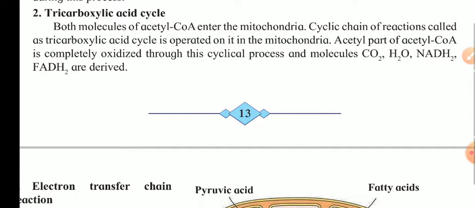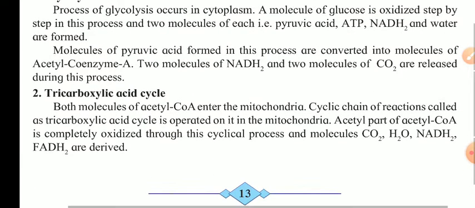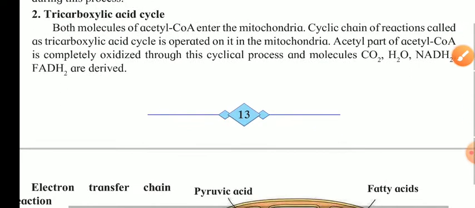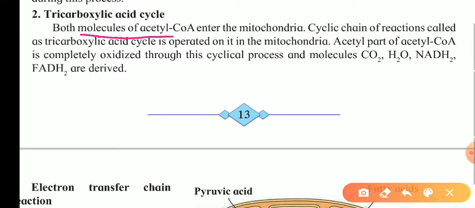If you remember, the two molecules of acetyl coenzyme A are produced in the glycolysis process. Those same two molecules of acetyl coenzyme A enter the mitochondria, and the cyclic chain of reactions called the tricarboxylic acid cycle operates on them in the mitochondria.